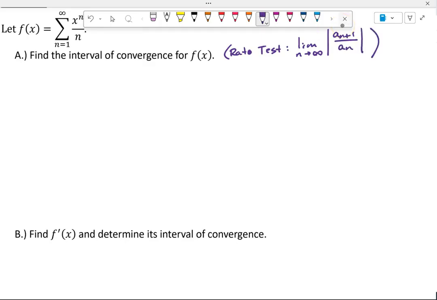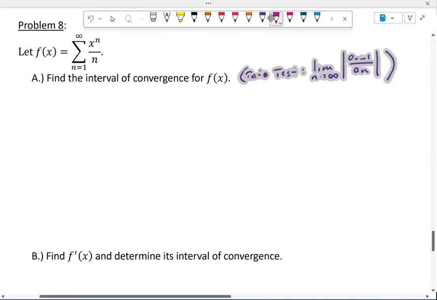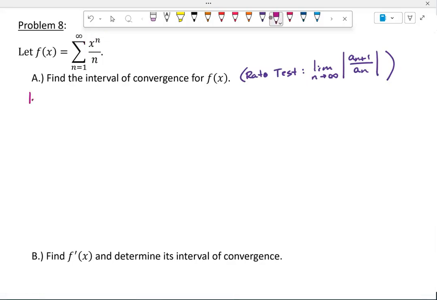So we're going to go ahead and do that for this problem here. And remember, if our a of n is a fraction, we can just start out by multiplying by the reciprocal, right?